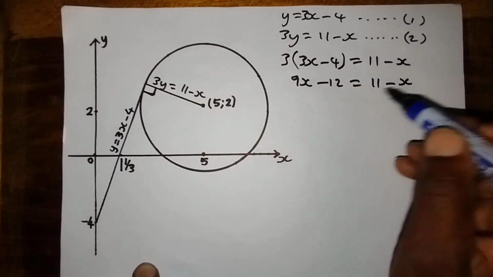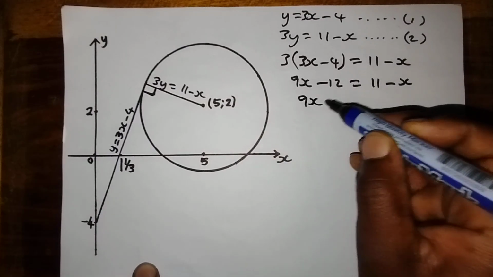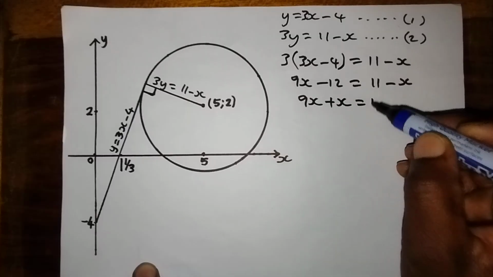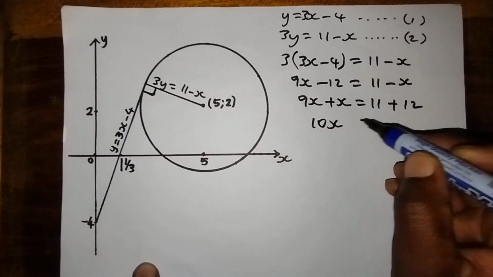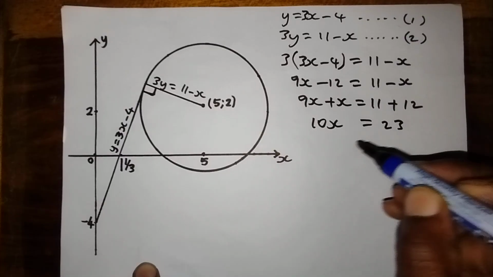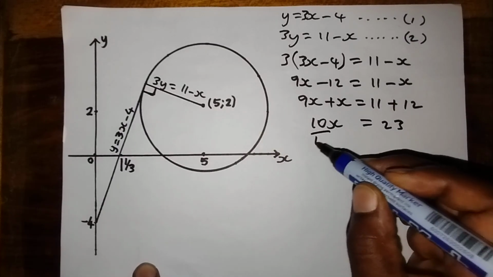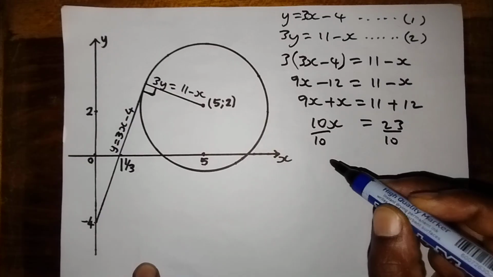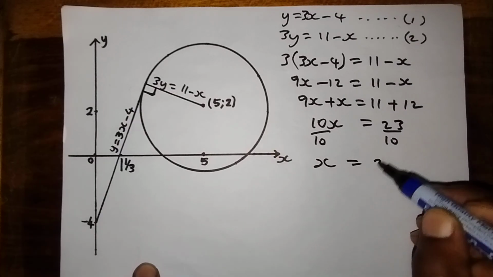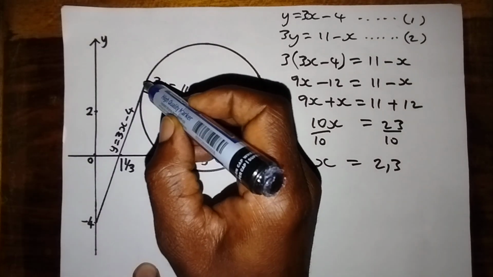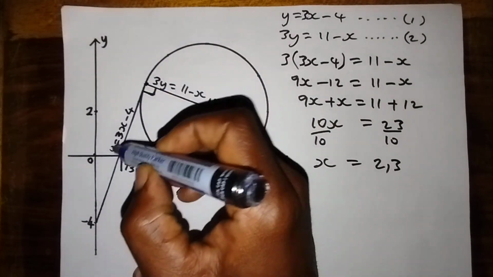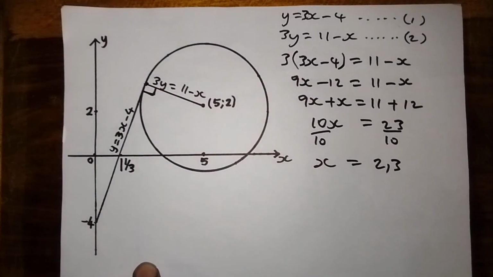Then I collect like terms: 9x plus x equals 11 plus 12, which is 10x equals 23. Then I divide both sides by the coefficient of x, which is 10. Finally, our x equals 2.3. So the x coordinate of the point where the radius meets the tangent is 2.3.